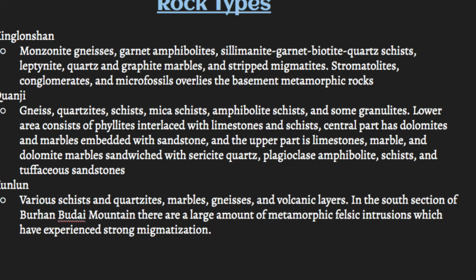The Kunlun block has various schists and quartzites, marbles, gneisses, and volcanic layers. In the south section of Burhan Budai Mountain, there are a large amount of metamorphic felsic intrusions which have experienced strong migmatization.